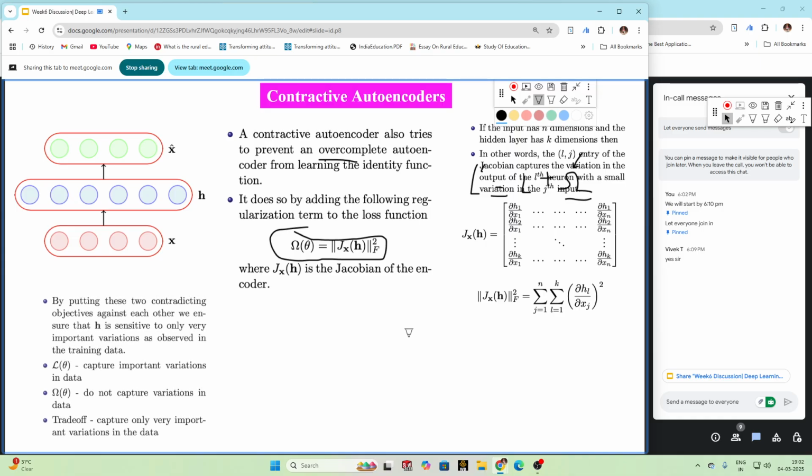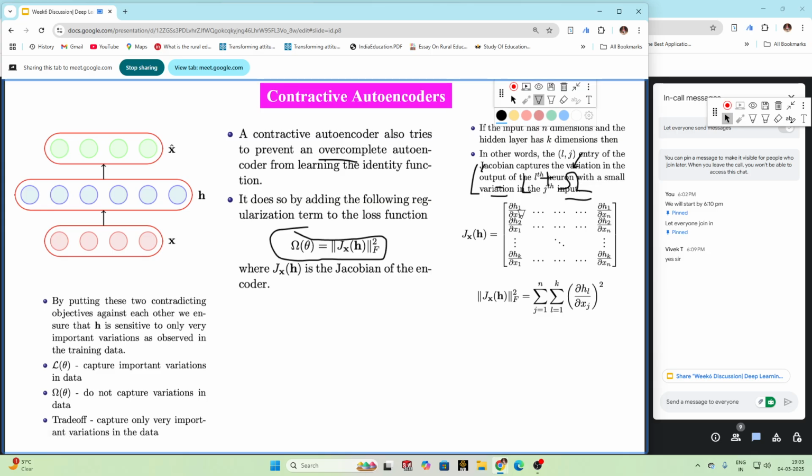So what is the Jacobian of the encoder? The Jacobian of the encoder is nothing but the rate of change of the output of this hidden, or encoding, layer neuron with respect to the input neuron. So this is the Jacobian matrix, you can say.